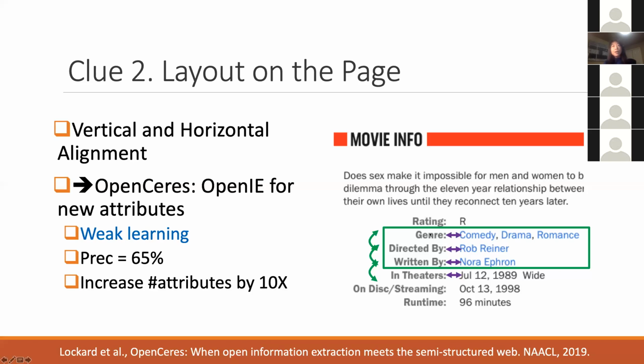We generate training data for existing attributes as we did before, and then we look at the page layout and identify potential new attributes. And we do this through graph propagation, and this gives us an extraction with precision 65%.